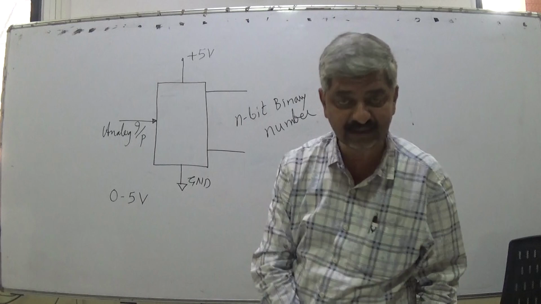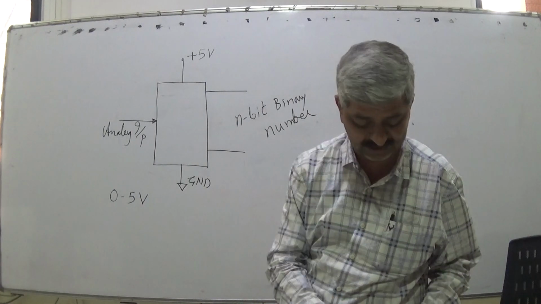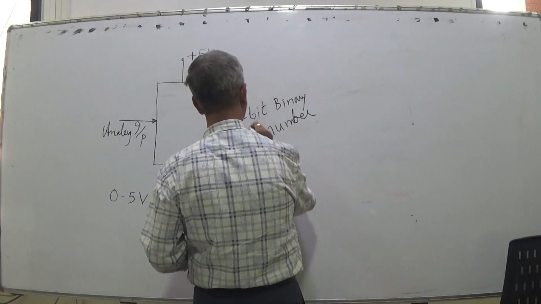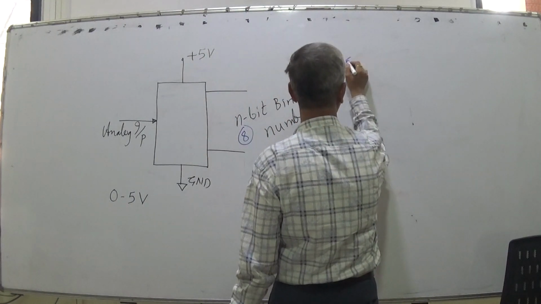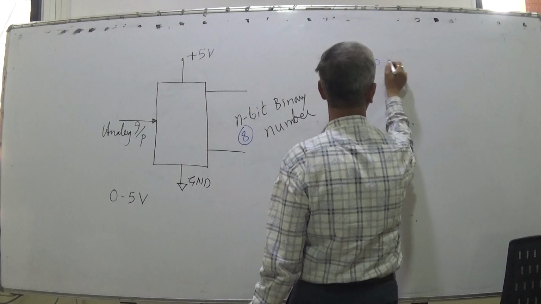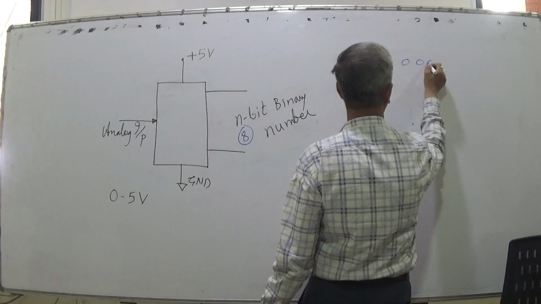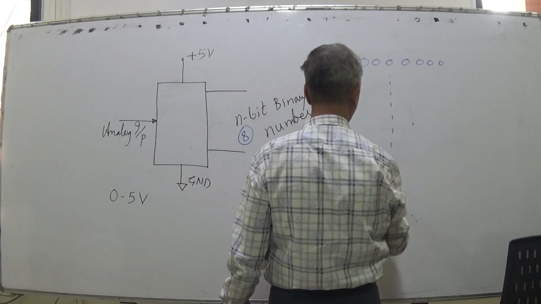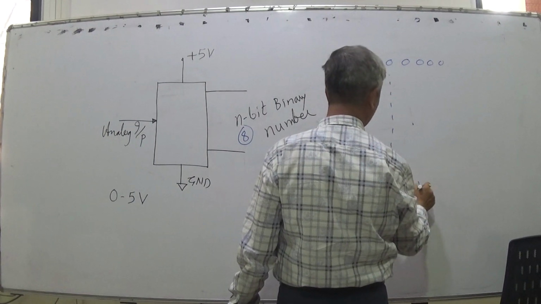Suppose we select n equal to 8. Then the 8-bit binary goes from 0 0 0 0 0 0 0 0 till 1 1 1 1 1 1 1 1.